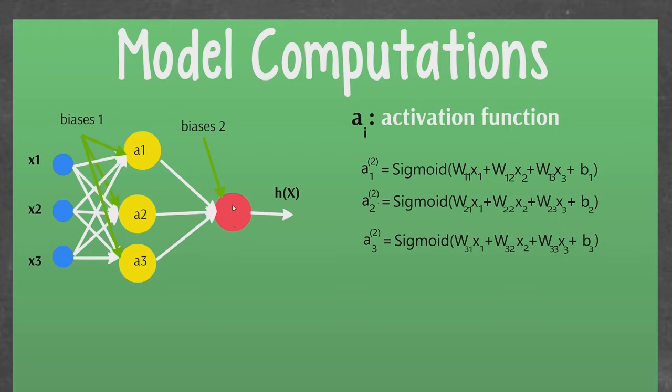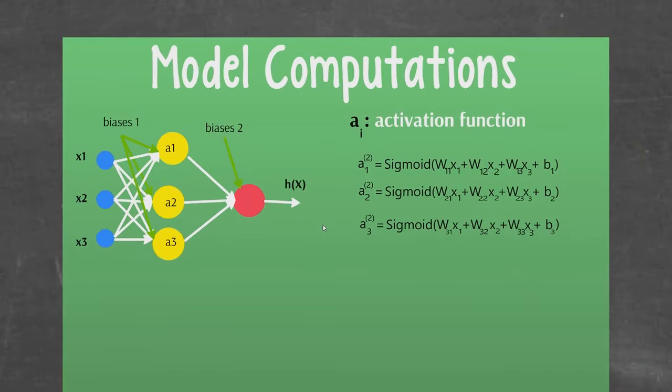Let's suppose it's sigmoid as the activation function, and then we add the bias and we have our final output. If you didn't understand, don't worry. We are going to see very simple and detailed examples in the next few videos.